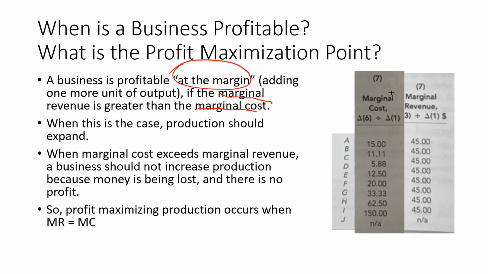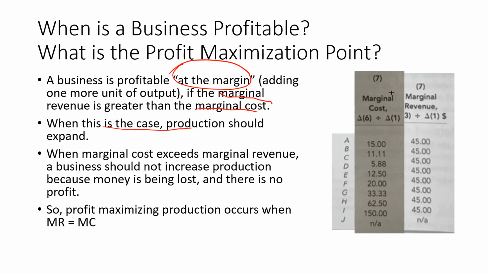So when this is the case, the production should continue to expand. We should continue to produce more as long as marginal revenue is greater than marginal cost and until marginal revenue is equal to marginal cost.